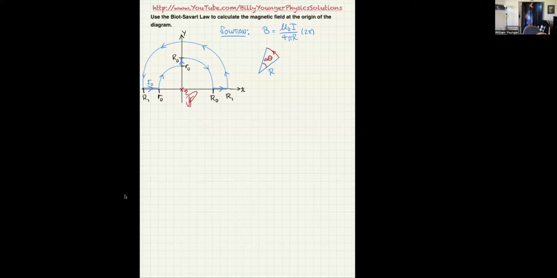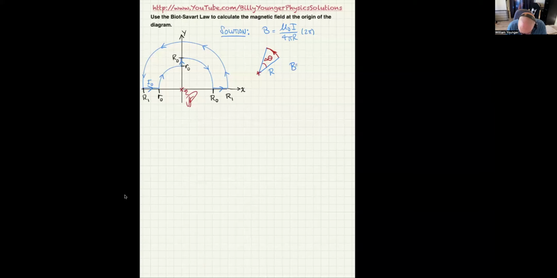I'm going to say the actual current will be parallel to that arc, but pointing in that direction. The center of curvature, of course, is this point P.